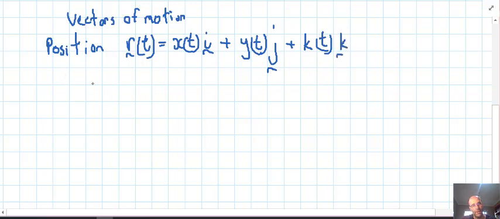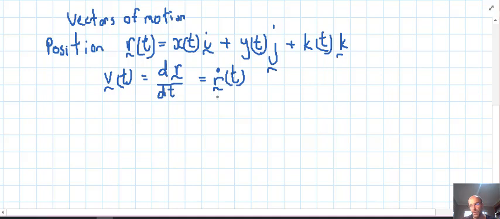The velocity vector is v of t. Notice the tildes, I'll use tildes or boldface, and it's the derivative of r of t with regard to t. That's a commonly used notation there.